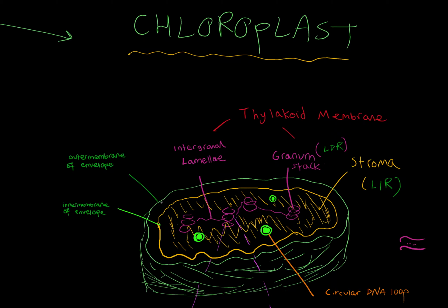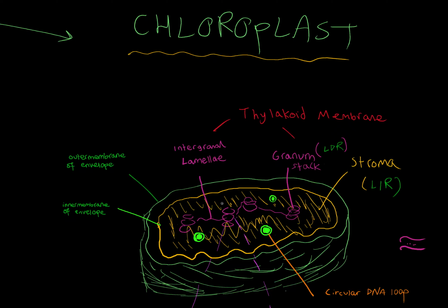And that double membrane, if you can remember from the first module in the Year 12 course, is called an envelope. So the chloroplast has a double membrane called the chloroplast envelope, and stored within that inner membrane of the envelope is basically the stroma.